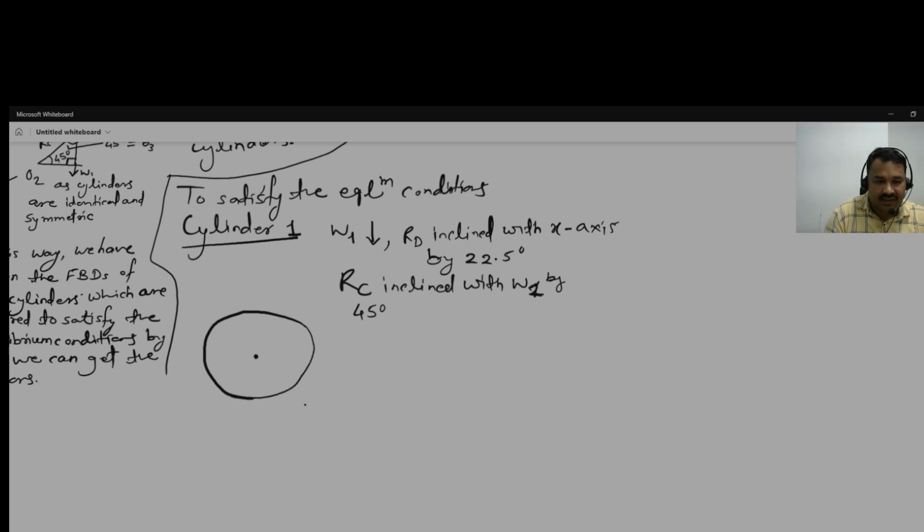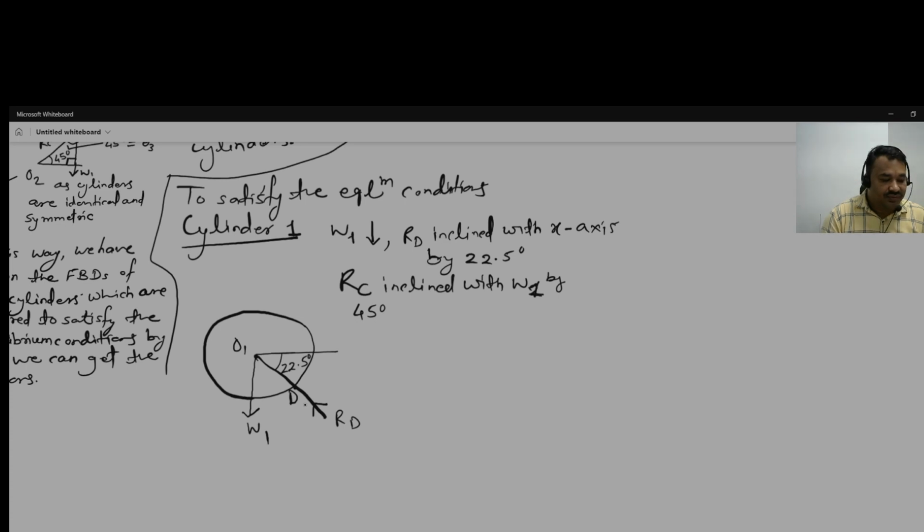So this is the center O1, and this is W1, and from here it makes 22.5 degrees, and this is RD.